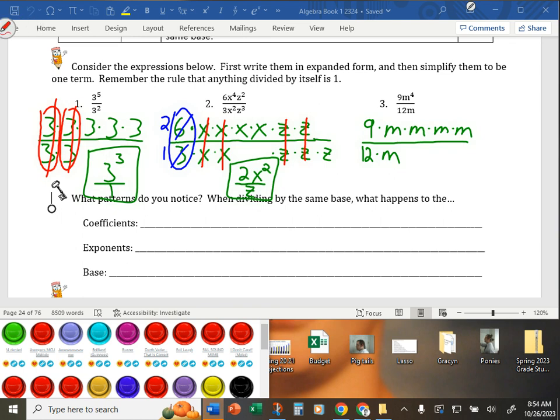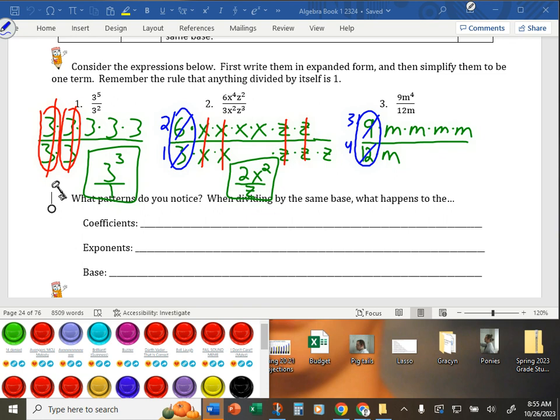What am I able to cancel out, simplify? You could simplify the 9 over 12. Yeah, again, these being coefficients, what does the fraction 9/12 simplify to be? 3/4. Right? Divide by 3 each of them, and you get 3/4.